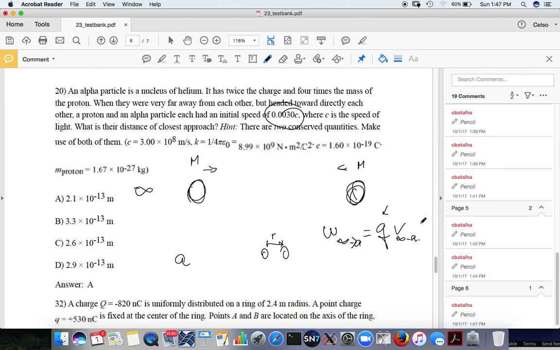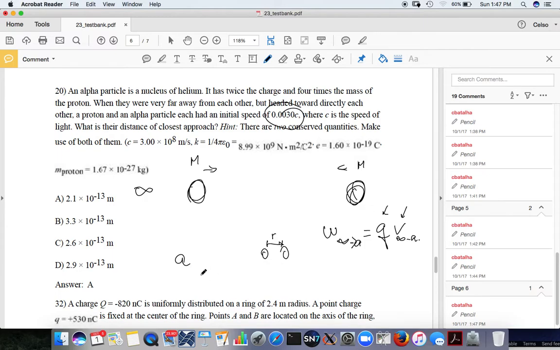And the V at very far away is 0, at point A it is equal to K, the charge of one of them, divided by the distance, which is the one you want to find, and that is equal to the change in kinetic energy. The final kinetic energy is 0, the initial is the sum of the kinetic energy of both of them, so twice half m v squared, and then you can solve for that.